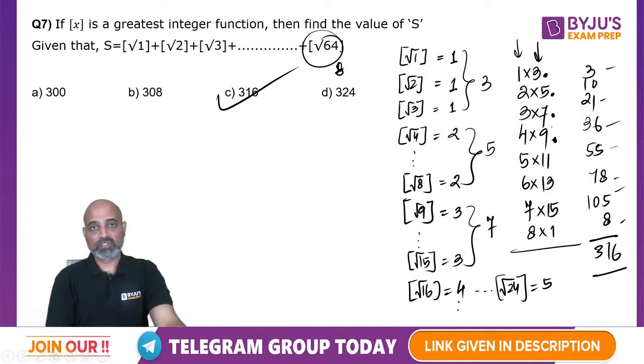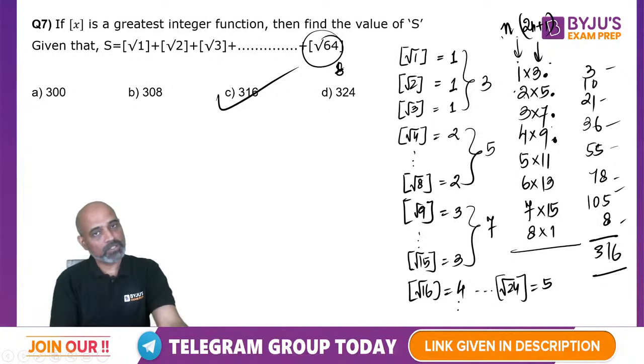Odd values. Or you count one by one. That's what I was saying. If you can figure out, there is a pattern, no? This is n and this is 2n plus 1. n is 1, 2n plus 1 is 3; n is 2, double of 2 is 4, 4 plus 1 is 5; 3, double is 6, one more is 7; next 4, double is 8, one more is 9; and this continues.